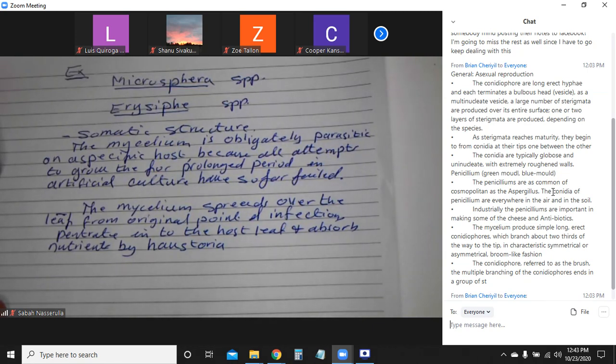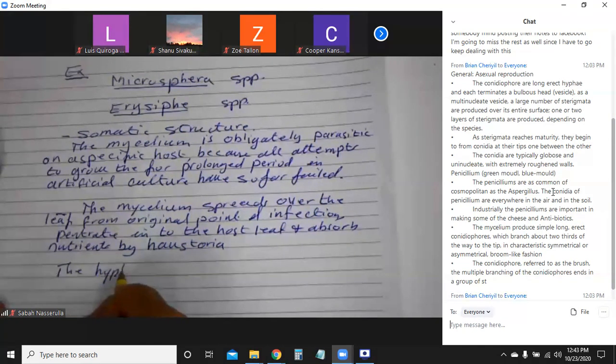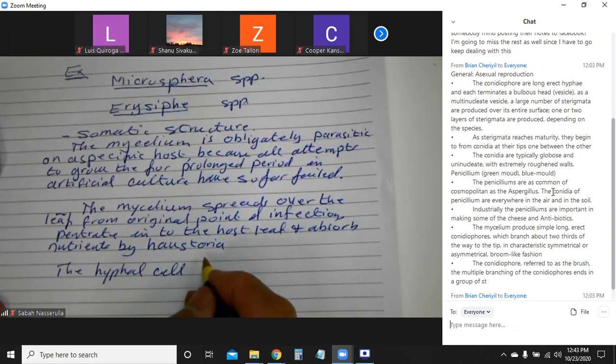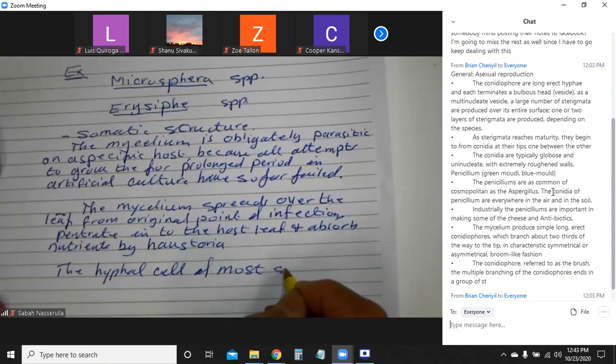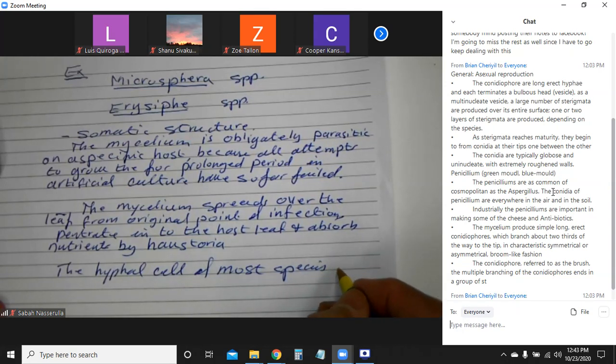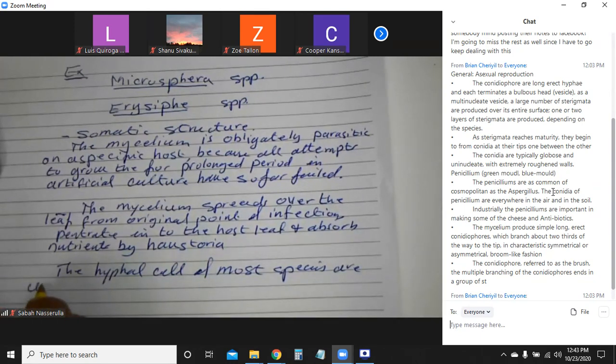So to mention this point here, the hyphal cells of most species are uninucleate, that is, they contain one nucleus.